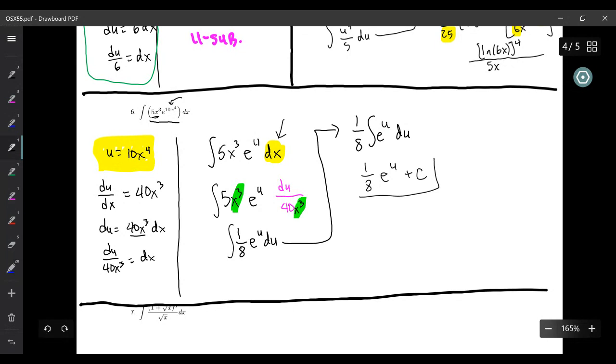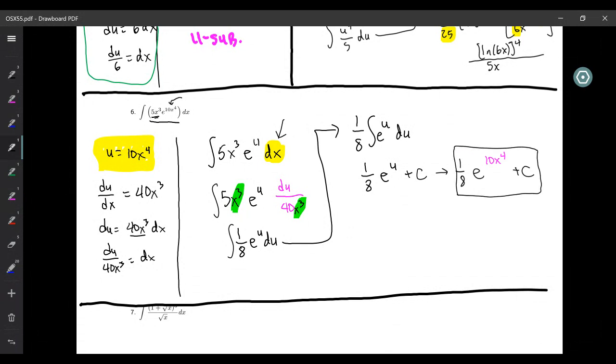Oops, sorry. Before I declare that as my answer, don't forget to plug the u back in. Right, so that would be my answer there.